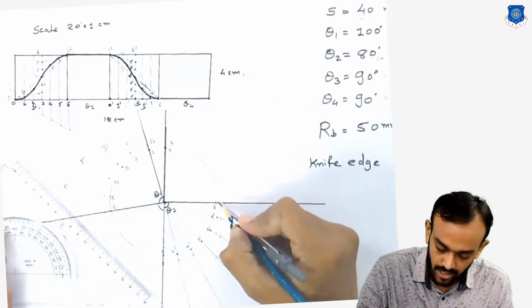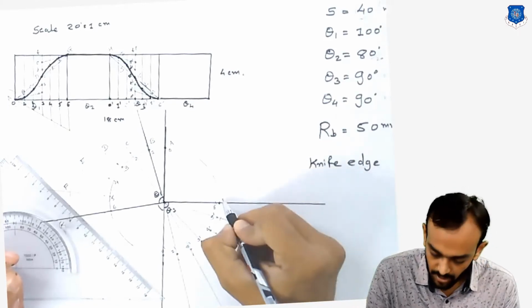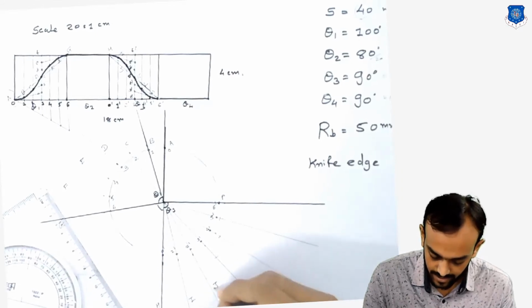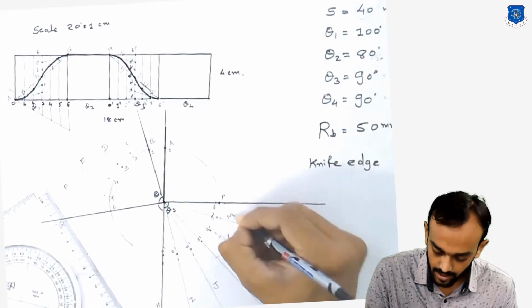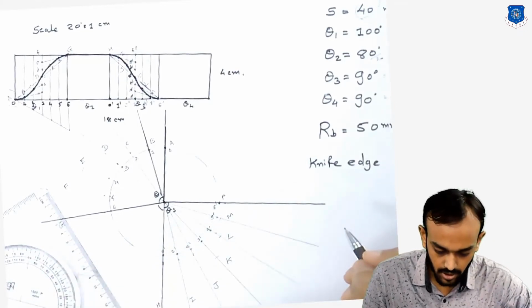The last point will be here on 6 dash, which is the P point. Give the numbering here: H, I, J, K, L, M.